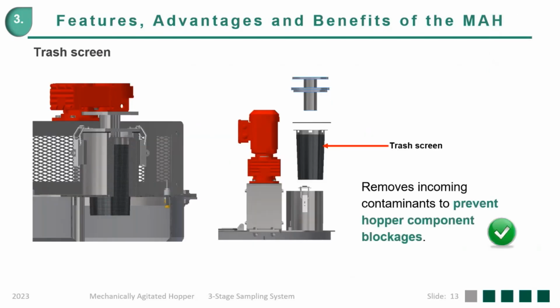We also have the strainer screen inside the mechanically agitated hopper, which removes incoming contaminants to prevent hopper component blockages. The strainer screen can be removed, cleaned, and then inserted back inside the hopper so that it can do its duty of removing contaminants.